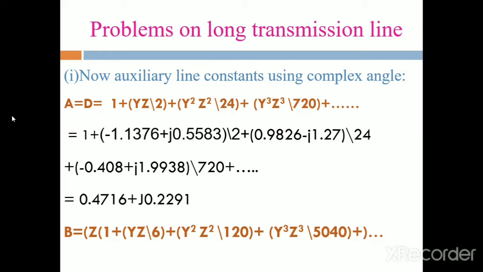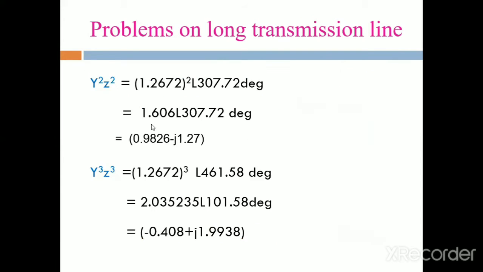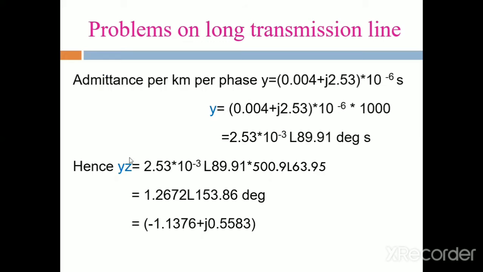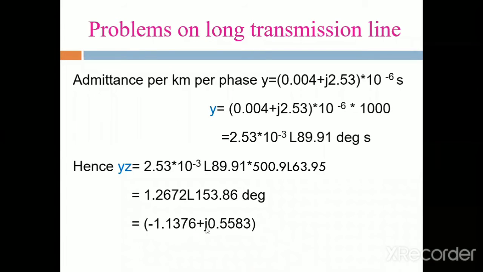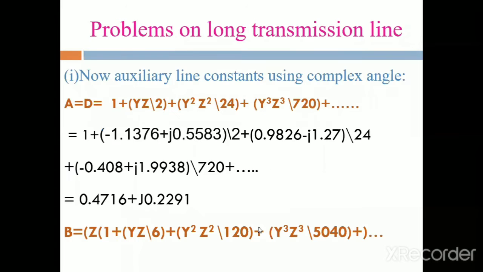Okay, by substituting these values, that is 1 plus YZ. In the previous, we already calculated that YZ value, that is minus 1.1376 plus j 0.5583. Okay, that will be substituted in that formula, that is YZ by 2, plus Y square Z square.